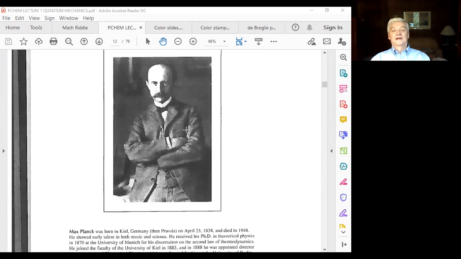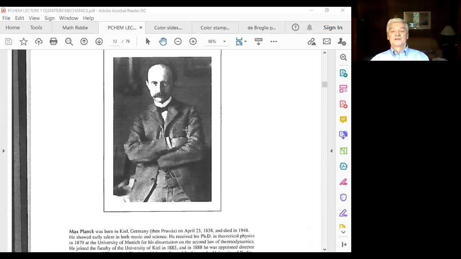Oh, okay. Well, actually, I do have a picture of Max Planck here. I don't remember if I put this in your notes or not, but anyway, he's quite a famous German scientist. They have many national laboratories called the Max Planck Institutes.